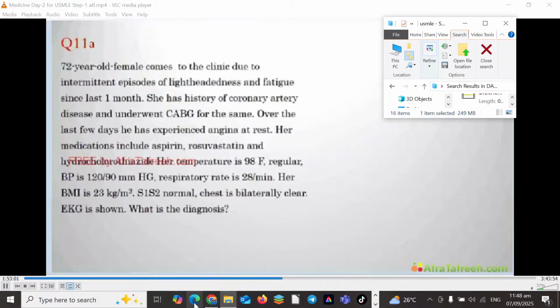So we'll move on to our final question for EKG. Are you clear with the ectopics, the ventricular ectopics, how they look and how they are morphologically differentiated? Atrial ectopics will look just like the normal QRS complex, but there would be a compensatory pause following that.